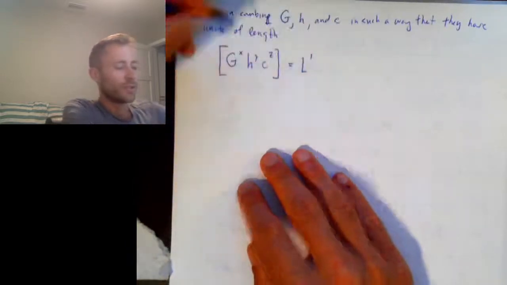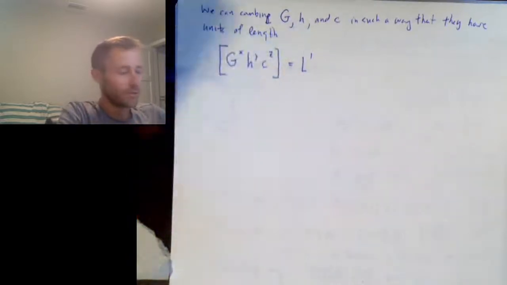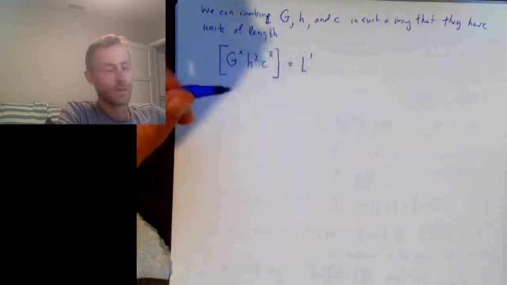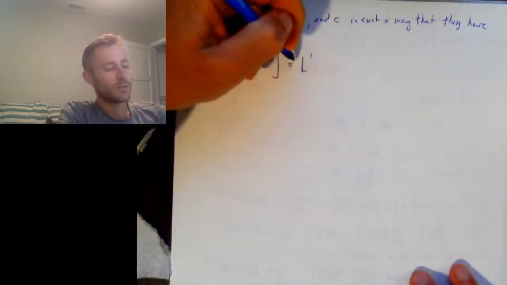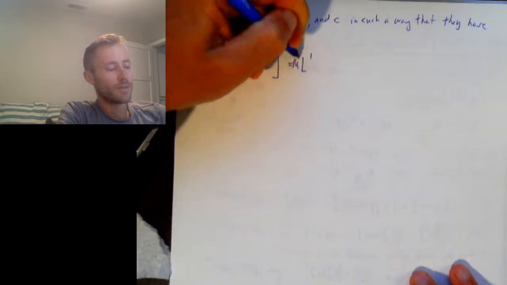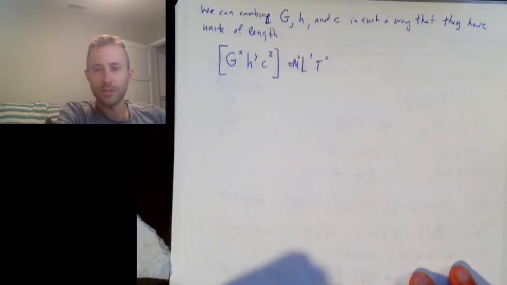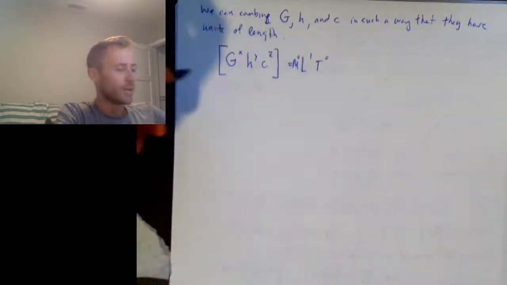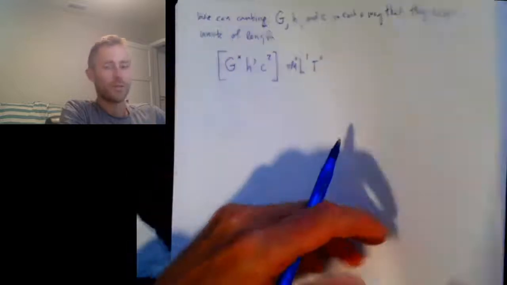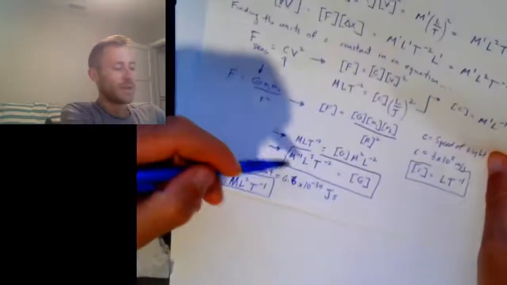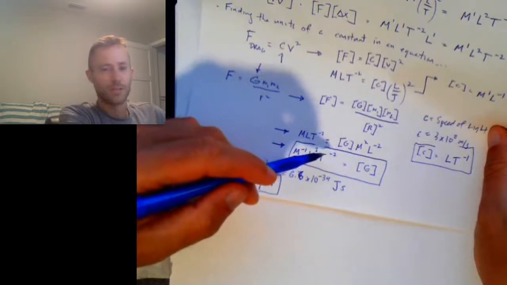And so we are going to choose the powers, X, Y, and Z, that make this equal to L to the 1, that have units of length. We could also think about this as M to the 0, L to the 1, T to the 0, right? Because anything to the 0 power is 1. Okay, so if I have G to the X power, well, let's look at the units of G. M to the 1, L to the 3, T to the minus 2.